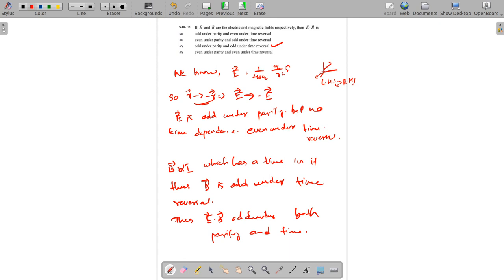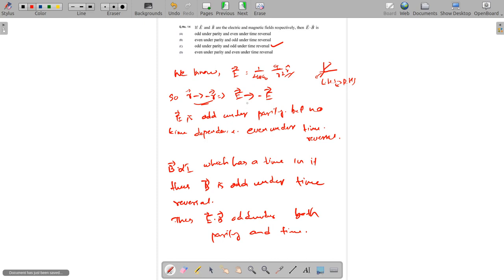It's a reflection about the origin. Since you have an r here, it also gets that minus sign, and that means the electric field is odd under parity. If you do the parity operation, you will get a minus sign. That means it's odd under parity.